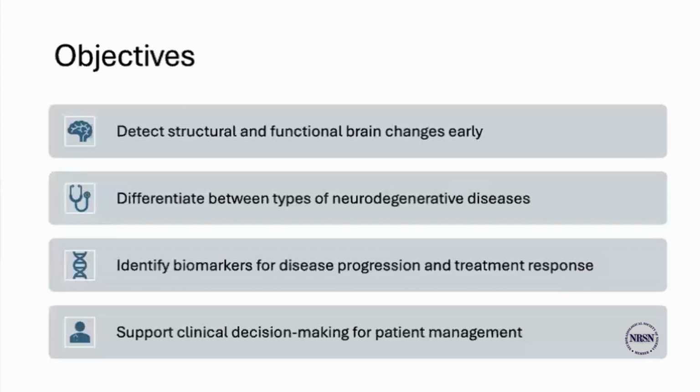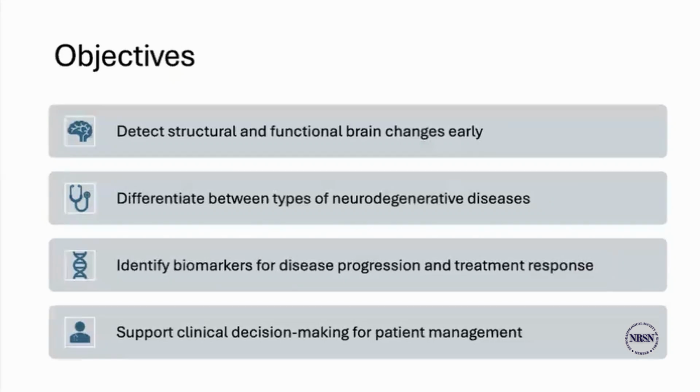This protocol plays a crucial role in the early detection of both structural and functional brain changes, often before symptoms become clinically apparent or very much advanced. It's designed to help differentiate between the various types of neurodegenerative diseases, such as Alzheimer's, Parkinsonism, and frontotemporal dementia, which can often present with overlapping features.